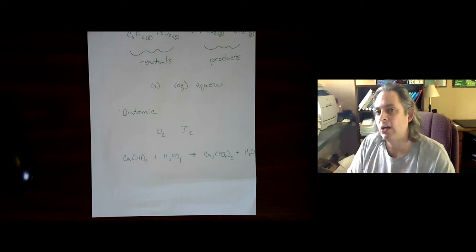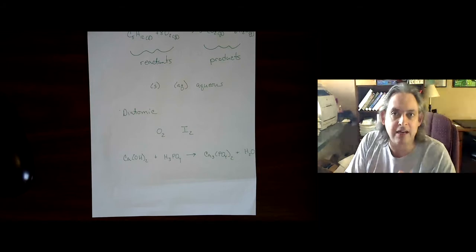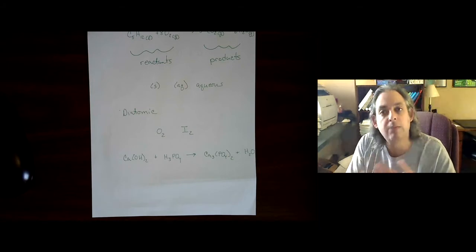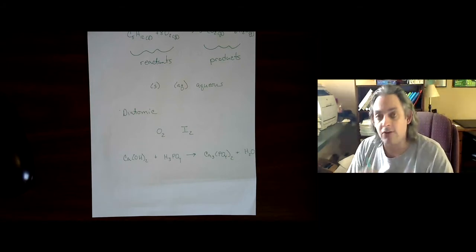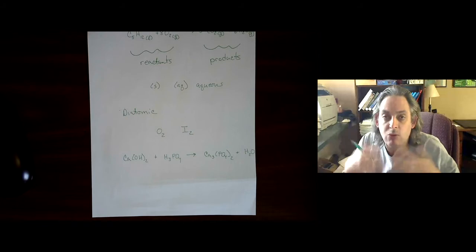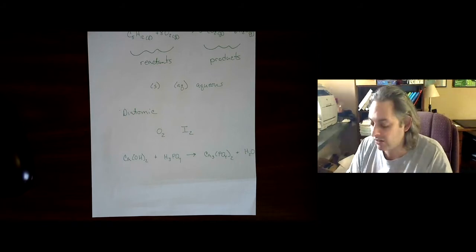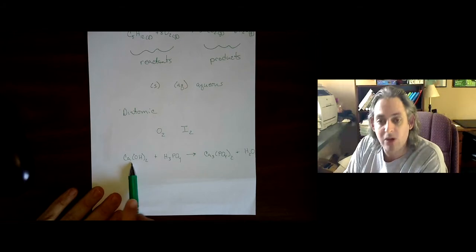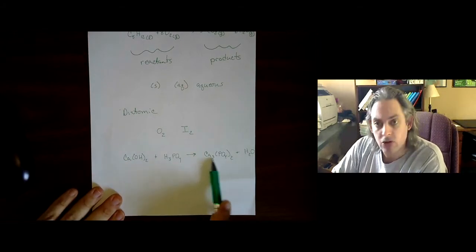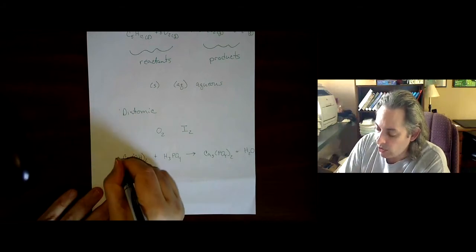That helps things move along with the balancing and helps you not have to keep track of all the different elements. Whenever you do balance something, you always want to make sure that you have the same number on both sides. That's what we're ultimately trying to find. So in this case, we're going to start with the calcium. We only have 1 calcium atom here. We have 3 on this side. So to get 3 on this side, we put a 3 in front.